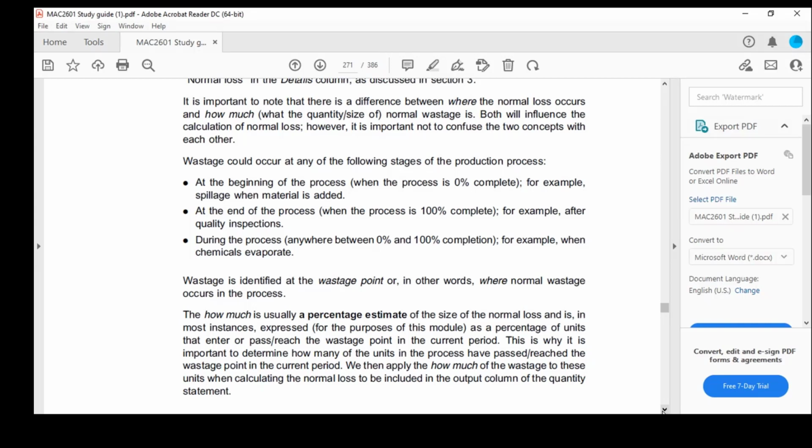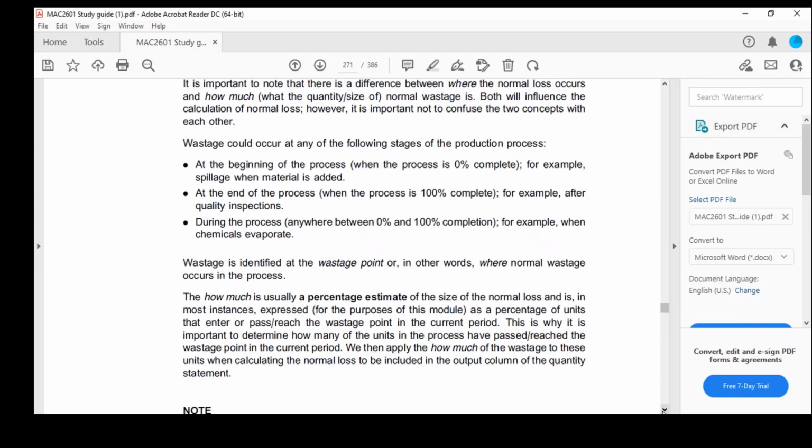So remember, the position or stage where the normal loss occurs, and you need to quantify how much that normal wastage is, because they both influence how you calculate your total normal loss. But do not confuse the two concepts. In order for you to calculate it, you need to know where it occurred and how much of it, meaning the size.